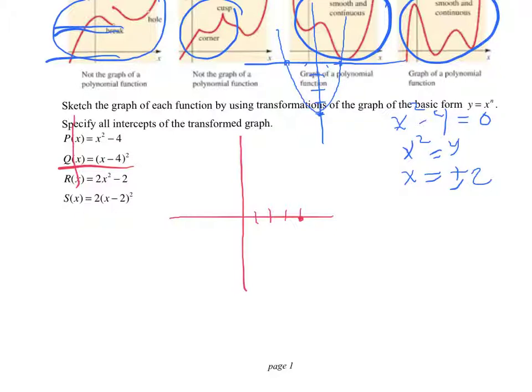Now if we set x equal to 0, we get 0 minus 4 squared, which is 16. And so 16, let's just say, is here, that high. So that means that when x equals 0, y equals 16. So the graph has that for the y-intercept.